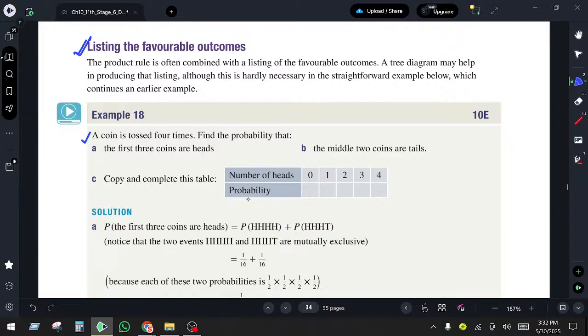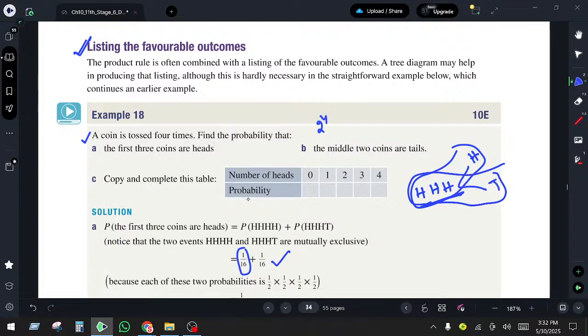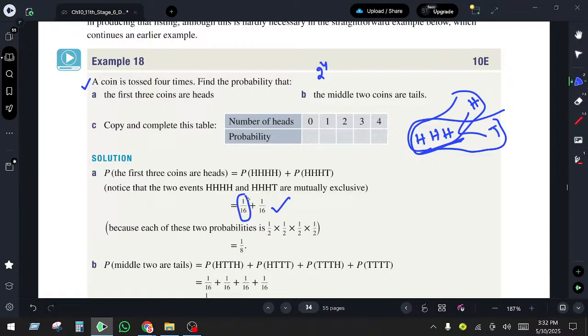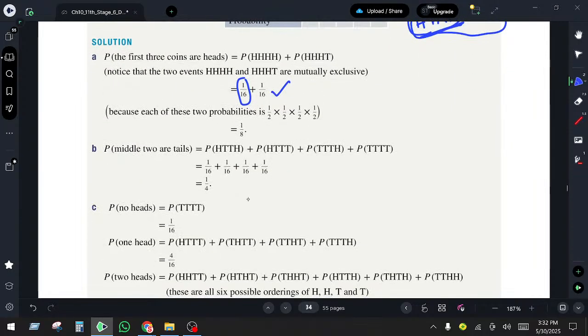First 3 coins are heads means head head head, ये फिक्स है। अब आखिरी वाला ये हेड होगा या तो टेल होगा। कितना है टोटल? टोटल जब 4 टाइम्स करोगे तो 2 पावर 4, यानी 16 आउटपुट्स होते हैं। अब इसके लिए 1 नहीं है और ये 1 नहीं है, तो टोटल 2 है। It's 2 over 16. So we are adding the probability of all favorables.